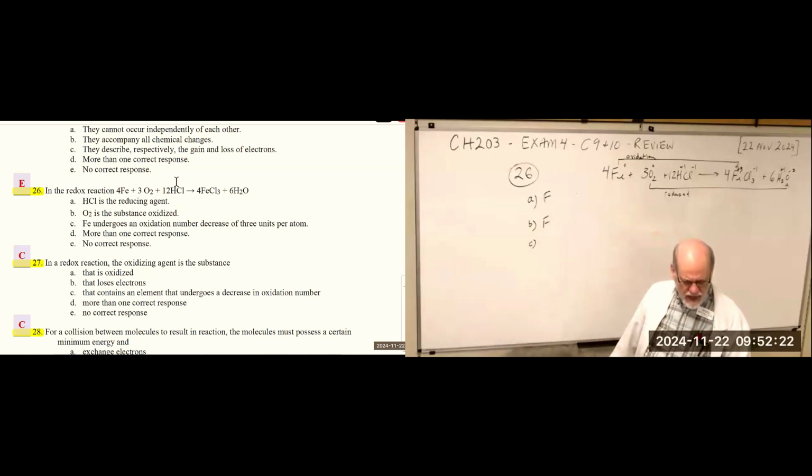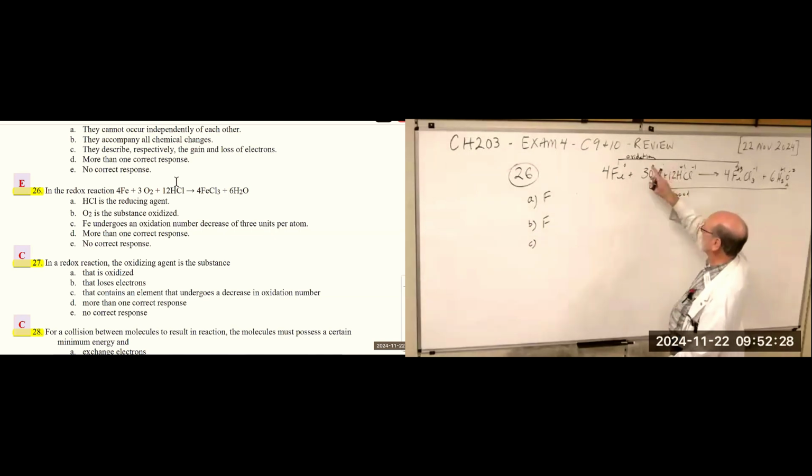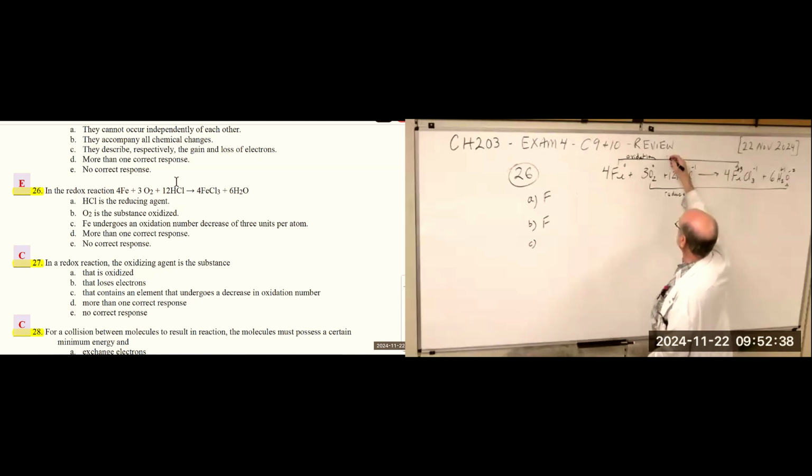How about C? Iron undergoes an oxidation number decrease. Oxidation number, yes. So, no, it increases. It's oxidized. So it's gain of, no. Duh. Oxidation is loss.